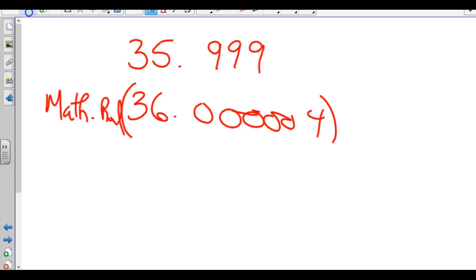Either way, it's going to end up kicking over. If you multiply by 100, you get 35,999. Math.round will kick it over to 3,600. If you multiply by 100, math.round clearly kicks it over to 3,600. So either way it'll work. You can either do it before or after, but you do a math.round on the double.